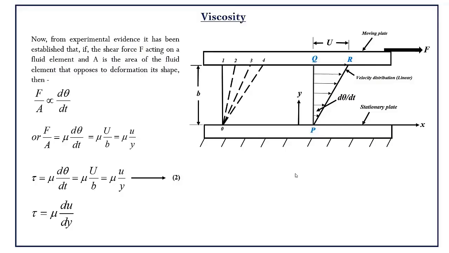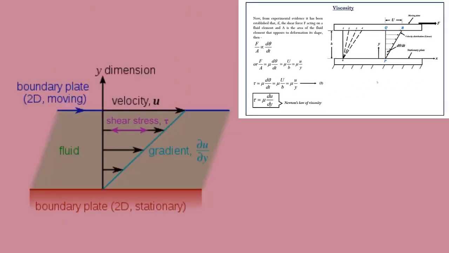And the differential form of equation number 2 is tau is equal to mu into du by dy, and this equation is known as Newton's law of viscosity. Here du by dy represents the shear rate of deformation or velocity gradient, and Newton's law of viscosity tells you that shear stress is directly proportional to the shear rate of deformation.